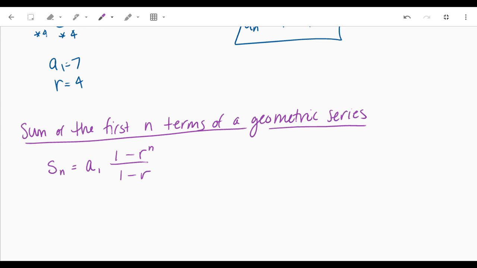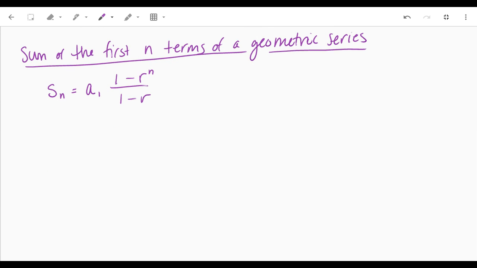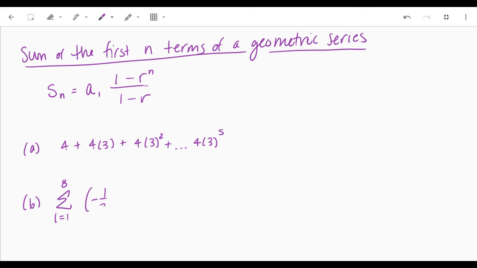So in this example, they have us doing 4 plus 4 times 3 plus 4 times 3 squared plus 4 times 3 to the 5th. And then they have us do some negative 1/2 to the i.